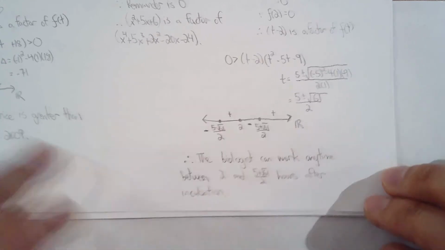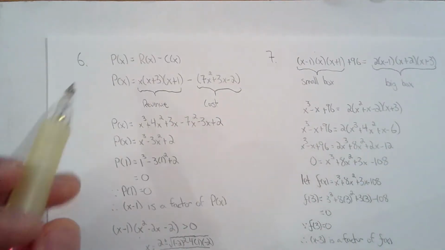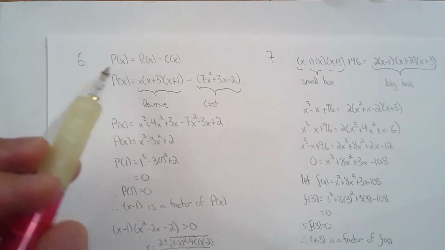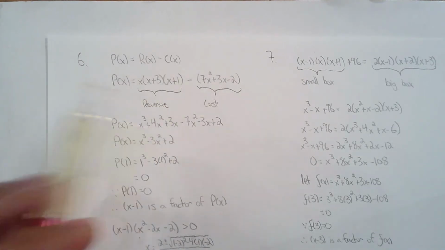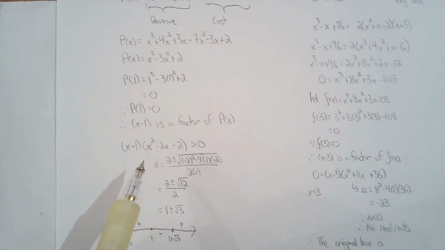So take a look. Question 6. You want to create your profit function based on the information given. So profit is revenue minus cost. Once you generate the profit function, you want to factor it because you're solving the inequality where p of x is greater than 0.